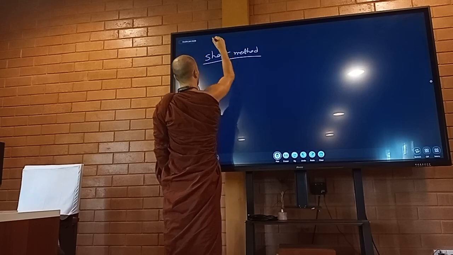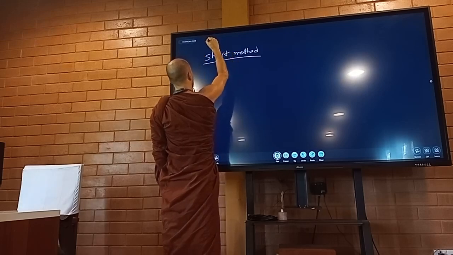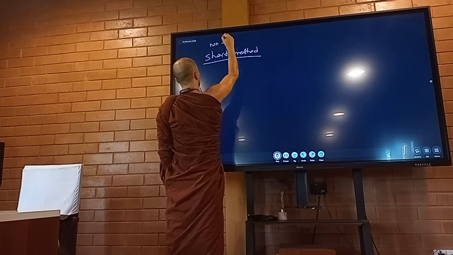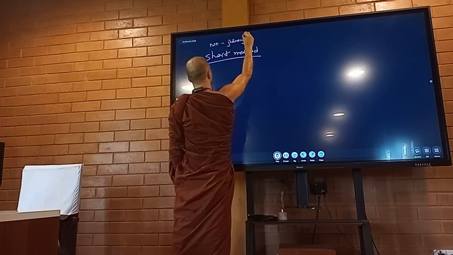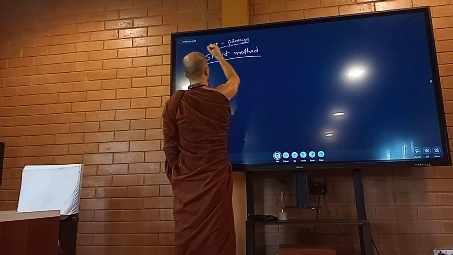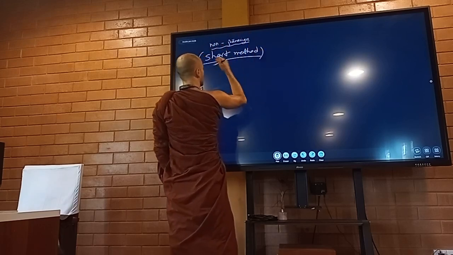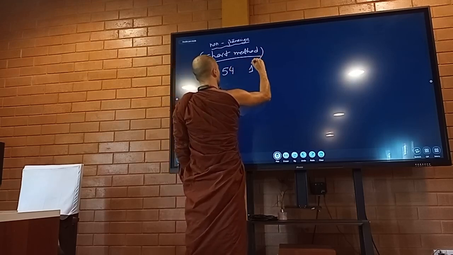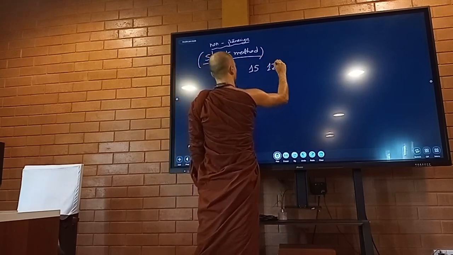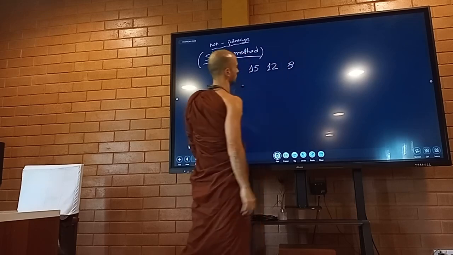You use the short method when you're talking about a non-jhananga, non-jhana factor. Short method is 54 kamavacara, and then 15 rupavacara, 12 arupavacara, and 8 lokuttara.